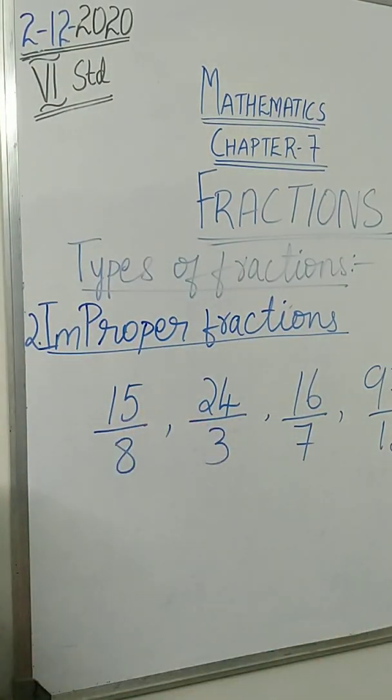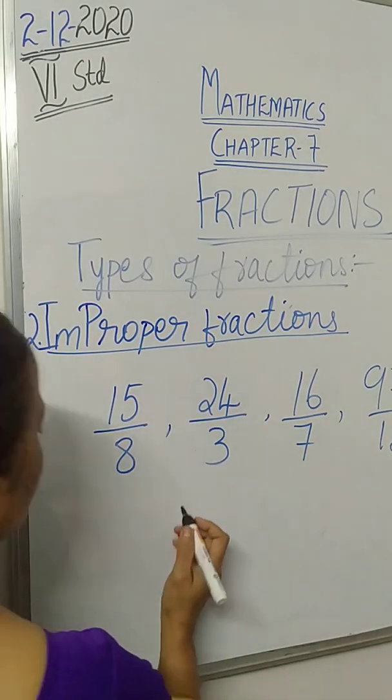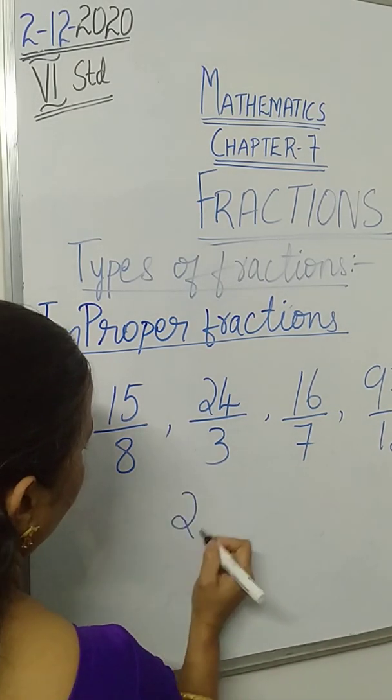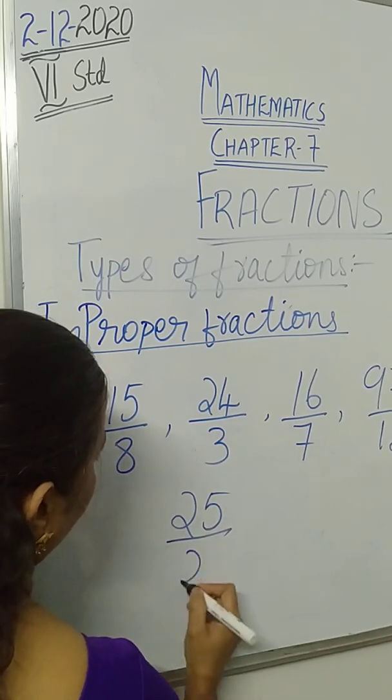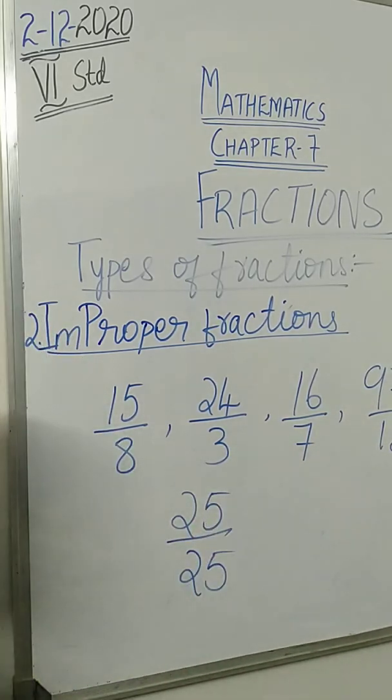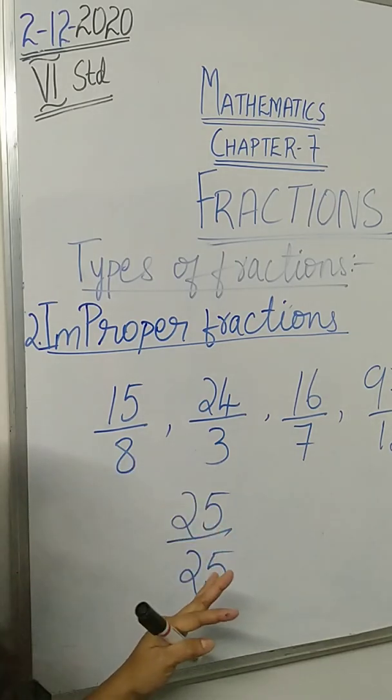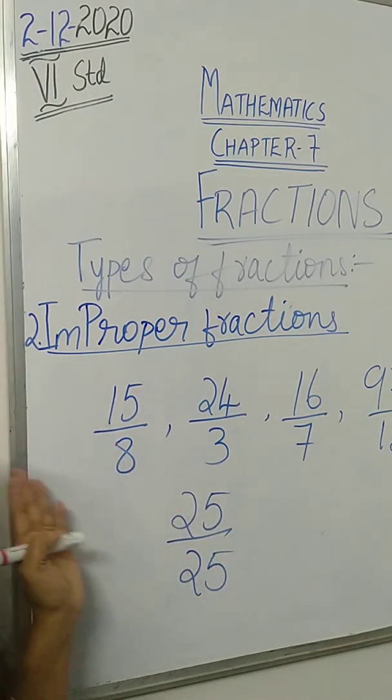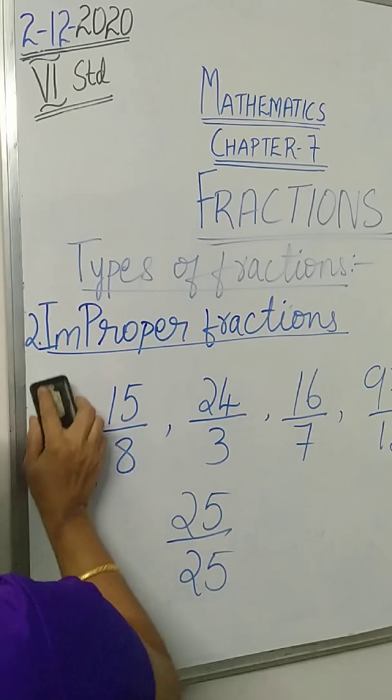All these are improper fractions. Also, if the numbers are same, suppose you have got 25 out of 25, even this is an improper fraction. All these are called improper fractions. Proper fraction is always less than 1, whereas improper fraction will be more than 1.